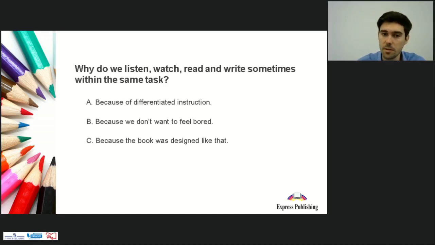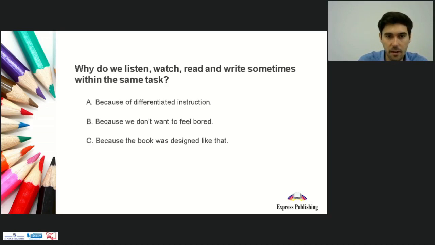So it's important to implement differentiated instruction in primary level classes, as our primary students will have different motivations. They'll have different preferred ways of learning, so it's important to incorporate all of these different methods within the same exercise so that students practice and reproduce language in many different ways.